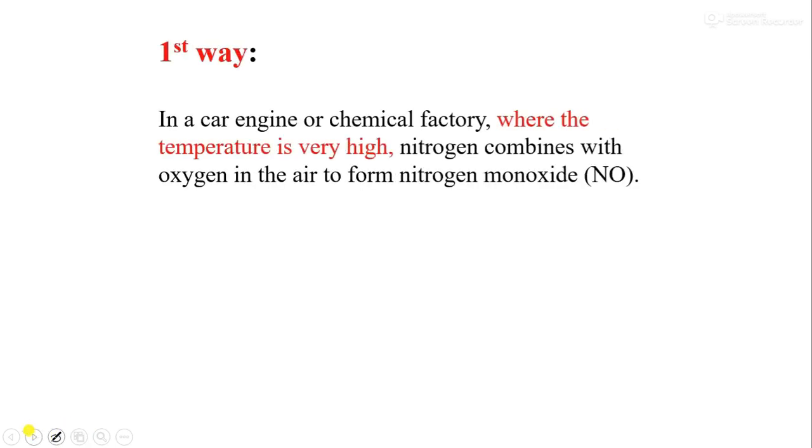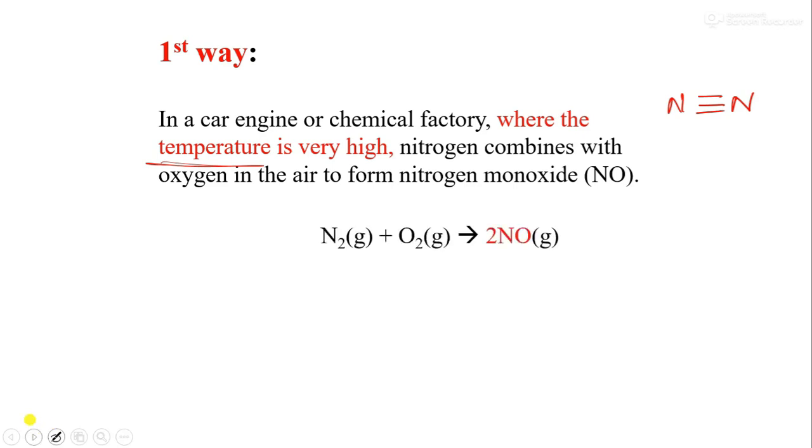First way, in car engines or chemical factories, we know that temperature is very high and it will break down the bond between nitrogen atoms. Nitrogen contains a triple covalent bond, therefore it requires a lot of heat or energy to break down. So it can only happen in the engines or in chemical factories where our temperature is very high.